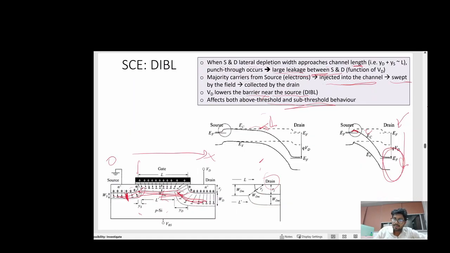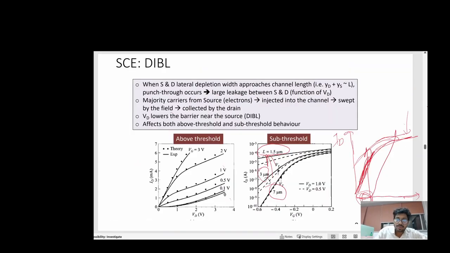Because it is not even turning off. The current will be there even at lower voltages. For the longer channels, the on-off ratio is high for larger channel lengths.